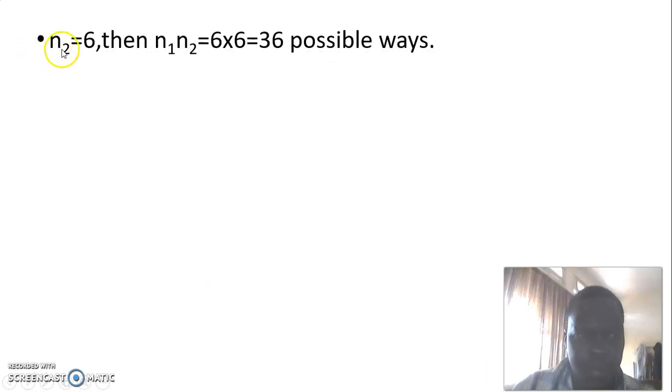Let n1 be the number of possible events when the first die is thrown, which is equal to 6, and let n2 be the possible number of elements that can be shown when the second die is thrown. Then the possible ways is the product of n1 and n2, which is 6 times 6, which is equal to 36 possible ways.